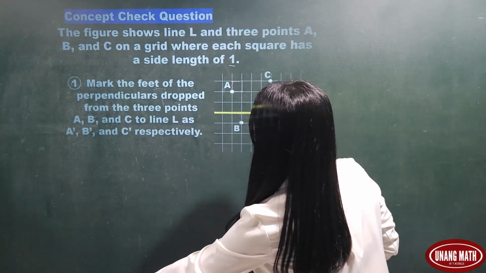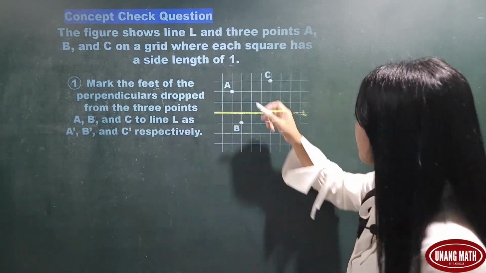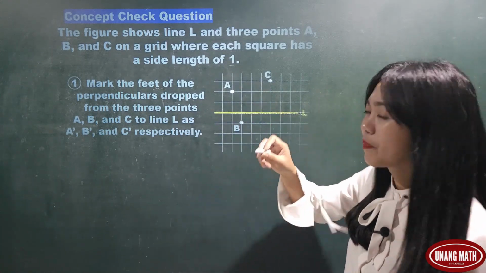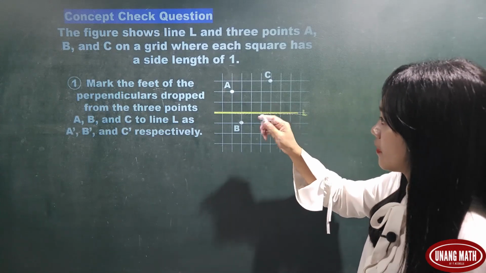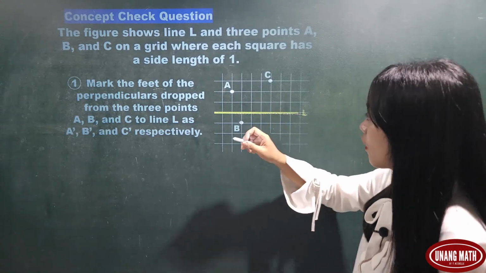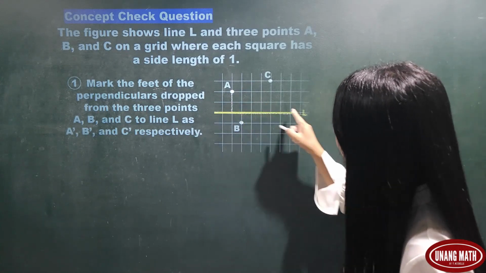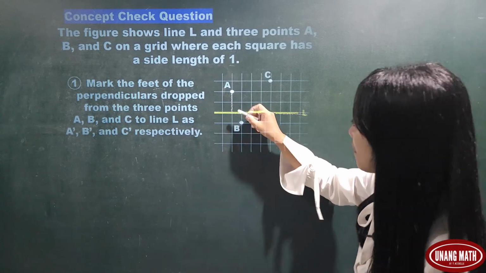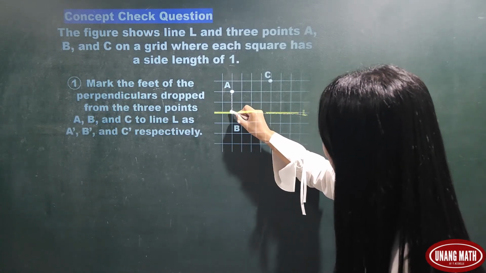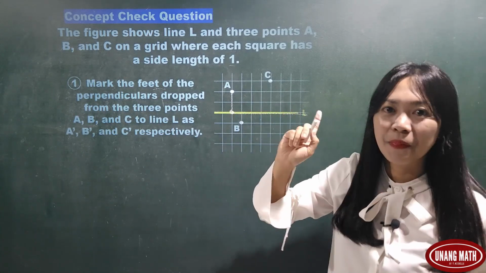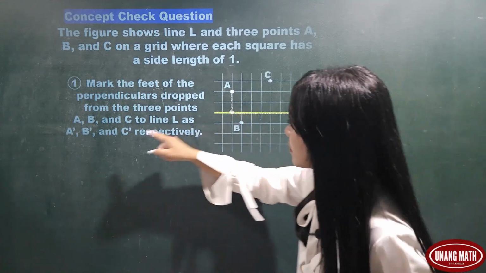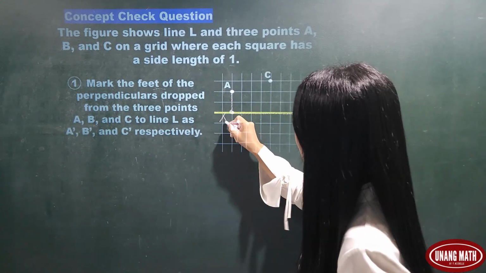Let's start with this point A. To identify where is the foot of the perpendicular, draw a straight line perpendicular to line L. So that means this point is the foot of the perpendicular. So this is A dash.